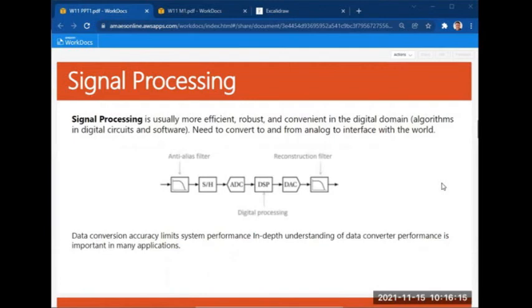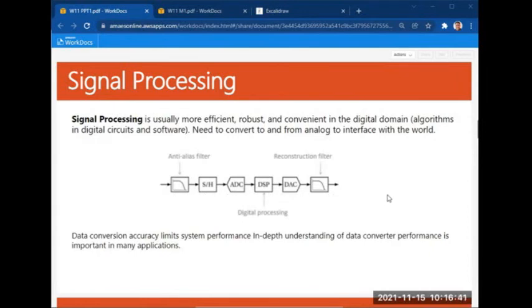This is how a signal processing chain usually looks like. We have filters, analog to digital converter, digital signal processing, digital to analog converter, and then reconstruction filter, and then output. This is the signal flow.